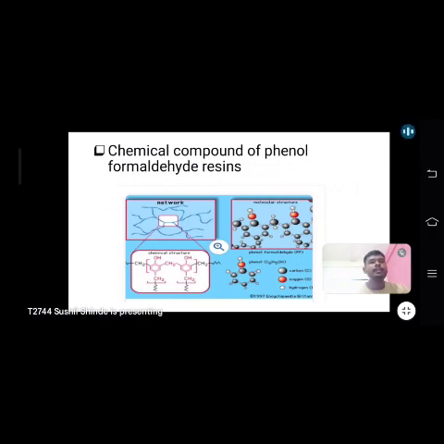Phenol formaldehyde resin was the first completely synthetic polymer to be commercialized, in the first decade of the 20th century, as Bakelite, a plastic molding material for parts of electrical equipment. Phenolics are still very important industrial polymers.